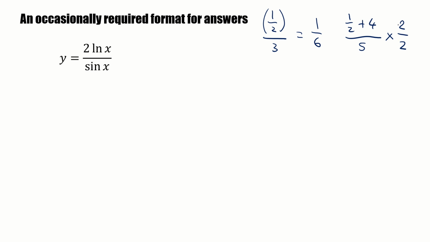The reason you want to do that is because if I times the top by 2, that's going to eliminate the denominator of the fraction 1/2, meaning I won't have any more fractions within fractions. So in this case that would lead to a much simpler answer, because I'd end up with 1 plus 8 over 10, which is very easy, because then you find out this was just 9/10. So although there are other ways of dealing with that fraction, that's a pretty nice way of dealing with it.